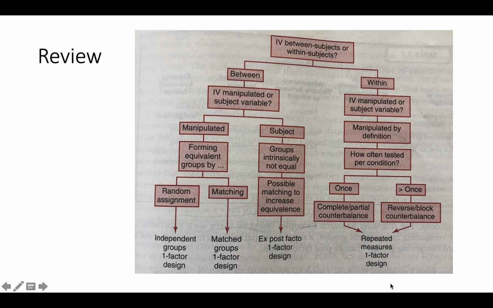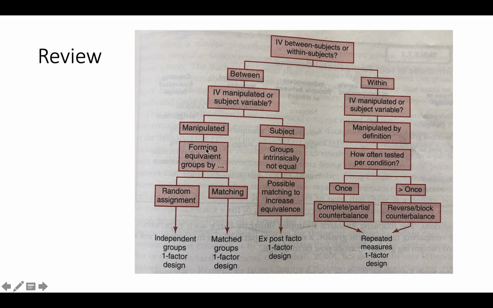This figure is in your book. It helps us decide what type of analysis we're going to do and where we're going to go and what we're going to conclude and so on. So this is the roadmap we need to use. We need to ask questions like, for a particular scenario that we've been given, is the independent variable between subjects or within subjects? And if it's between, is it a manipulated or subject variable?